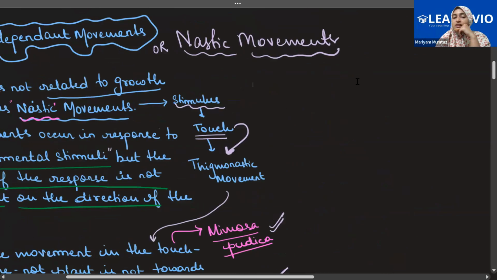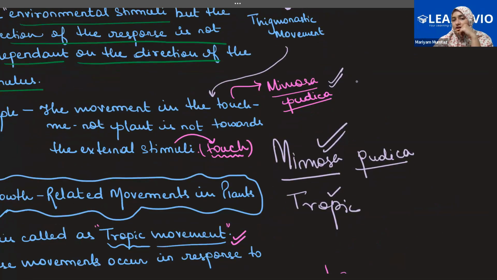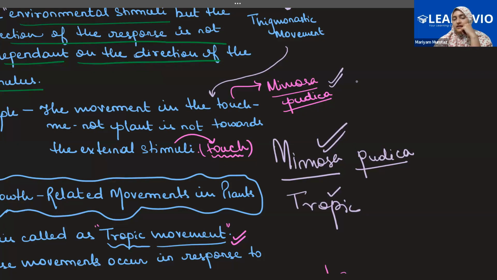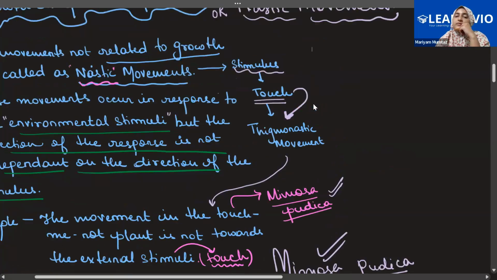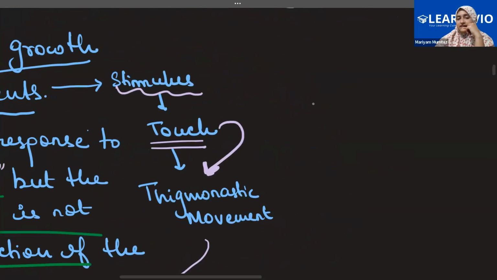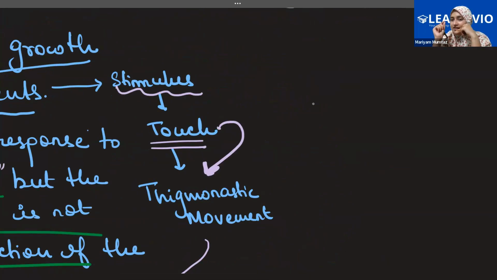And remember, students, the scientific name of the touch me not plant is Mimosa pudica. Okay, Mimosa pudica is the scientific name of the touch me not plant. Now, since the stimulus that is being provided is a touch, and whenever we talk about touch, we say thigmo, isn't it? Thigmo is the term we use for touch, if it is a stimulus.